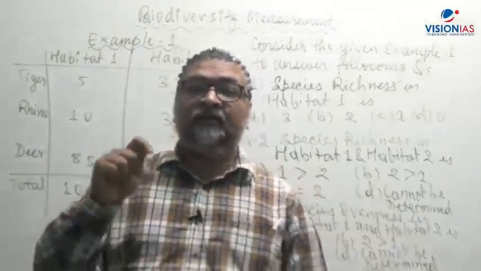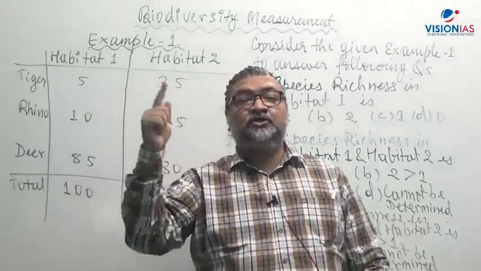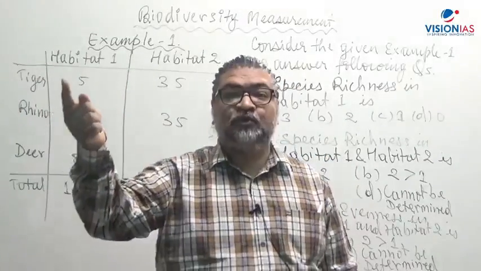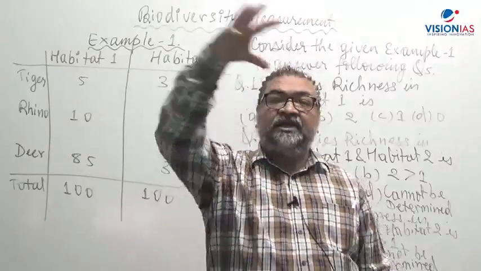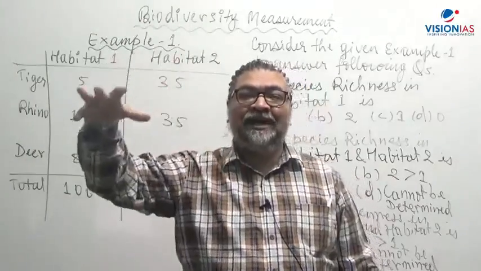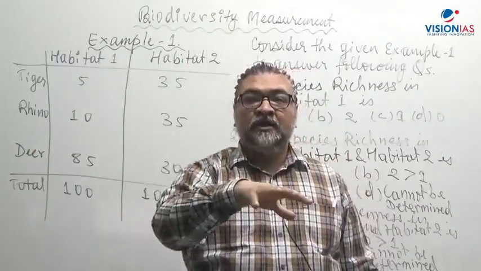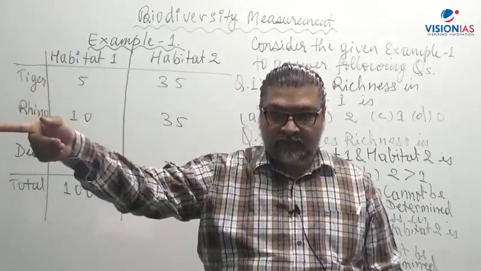When we say Western Ghats of India is highly rich in biodiversity as compared to Deccan Plateau, it means that the number of different varieties of species of flora and fauna, algae, fungi, all types of species found in the Western Ghats has higher numbers as compared to Deccan Plateau, right?